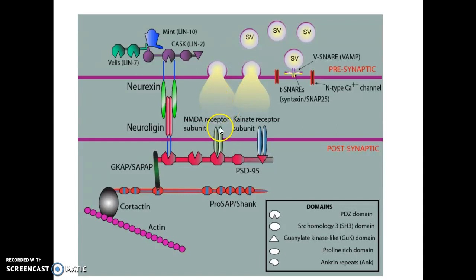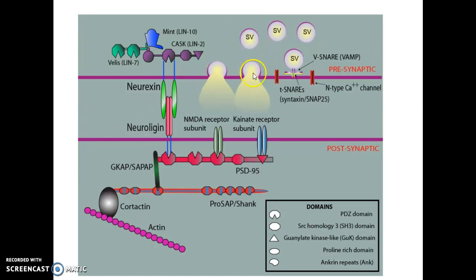They drift across and bind to ligand-gated ion channels, or chemical-gated ion channels. And so in the case that I'm showing you here, we've got sodium channels that are responsive to NMDA.